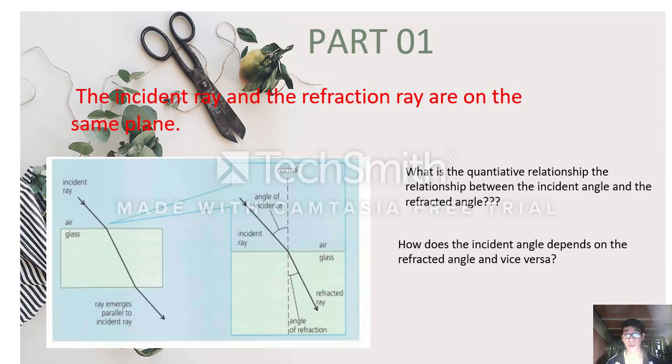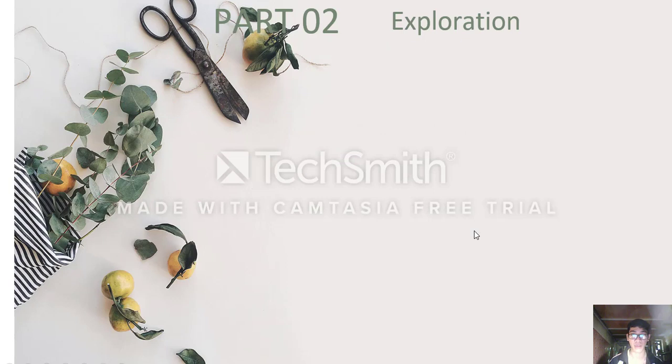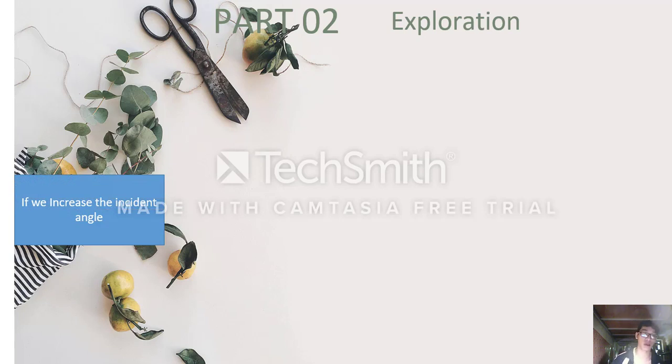Yes, we will go to the next part, explanations. Firstly, we will make some deduction. If we increase the incident angle, what happens to the refracted angle?